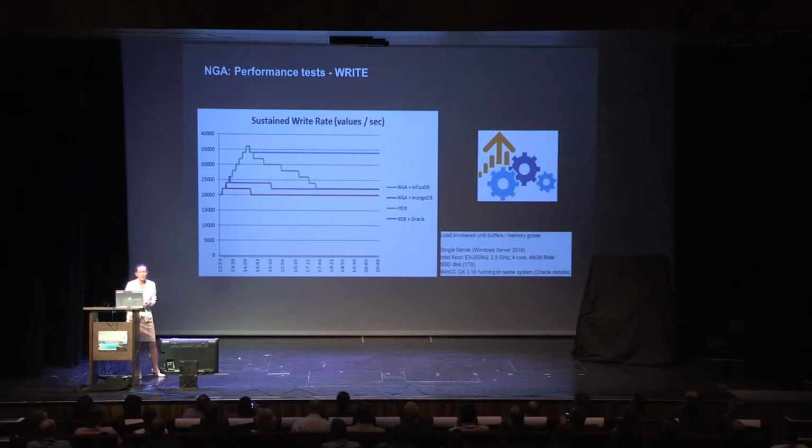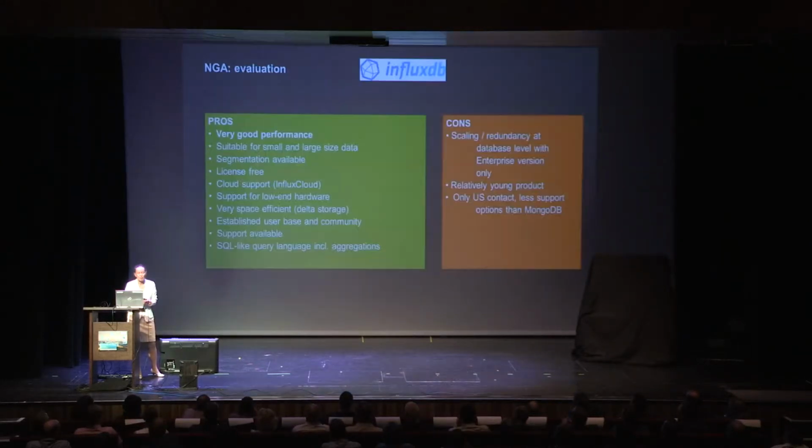Well, InfluxDB is specialized on time-based data, and of course, for WinCC UA, we do have a lot of time-based data. So, beside performance, what other advantages does InfluxDB have? Well, it works for small and large-size data. It runs on very low-end hardware as well, which is important for us. Segmentation is available.